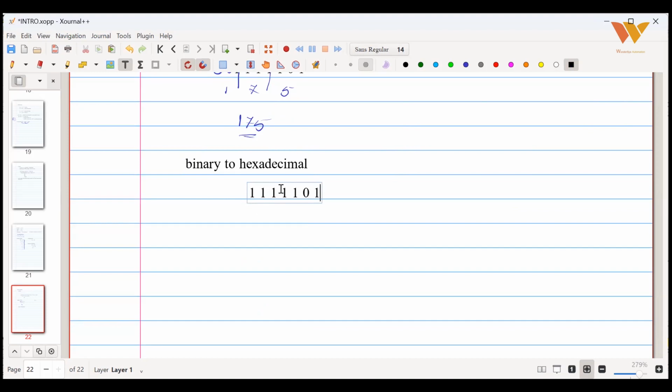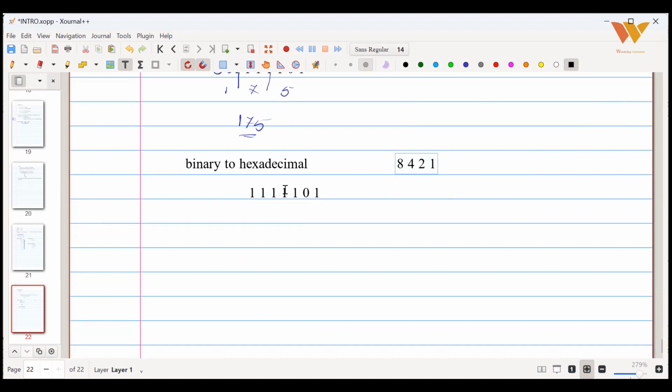Not 3, 4. And I will follow the code of 8, 4, 2, 1. That is 2 power 0, 2 power 1, 2 power 2, and 2 power 3. If I add these, I'll get a value of 15.